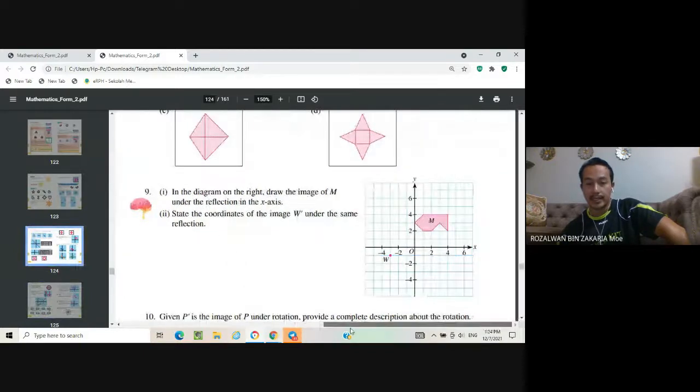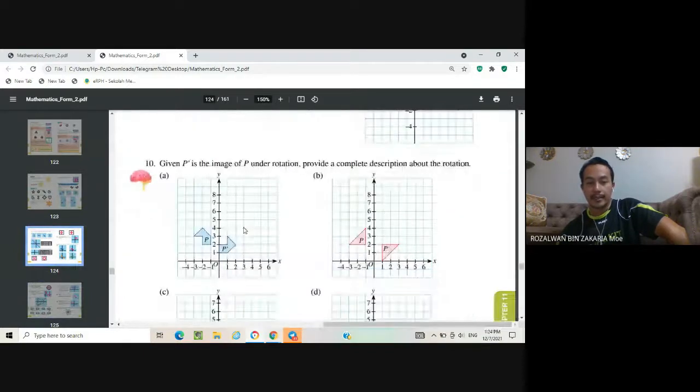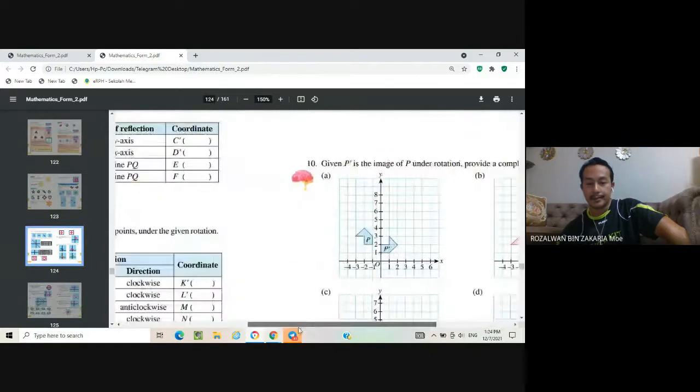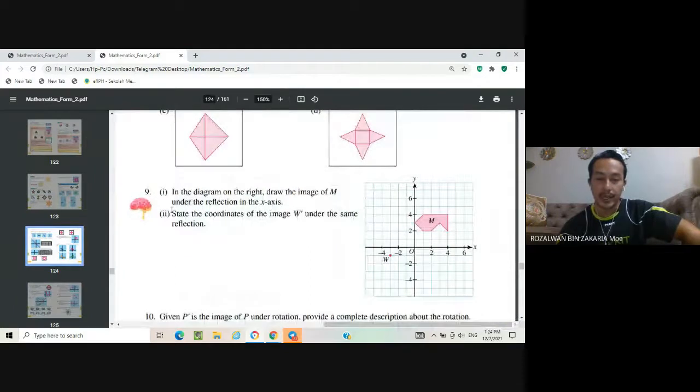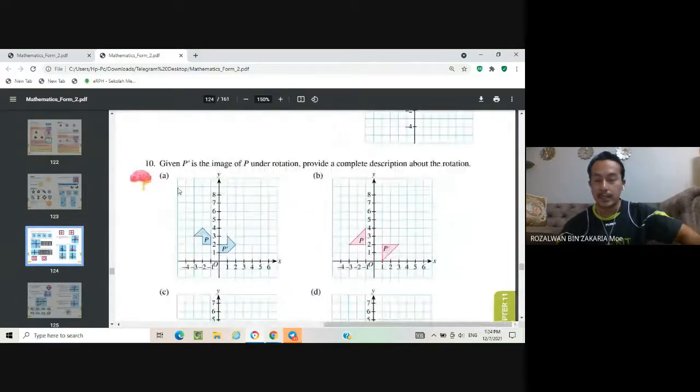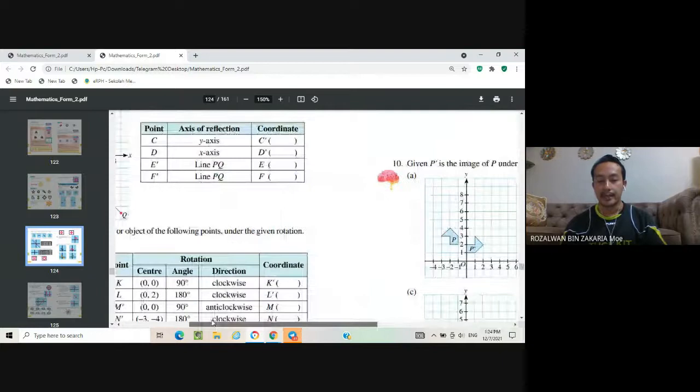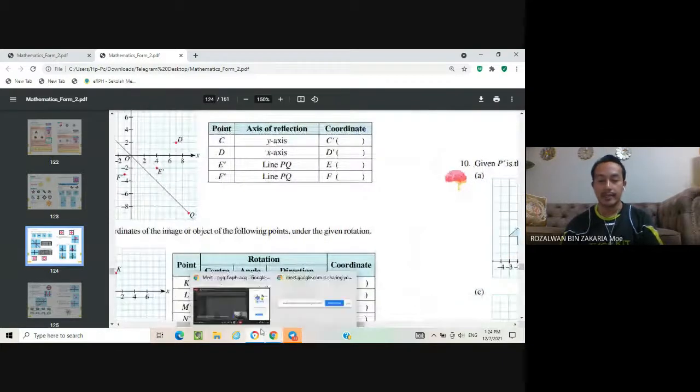Please do question 9 and question 10. So two questions, I want you to try to answer. Please do it in your math exercise book. If you have any question about this exercise or the lesson today, you can ask me in the Telegram. So that's all for our class today. Thank you, class.